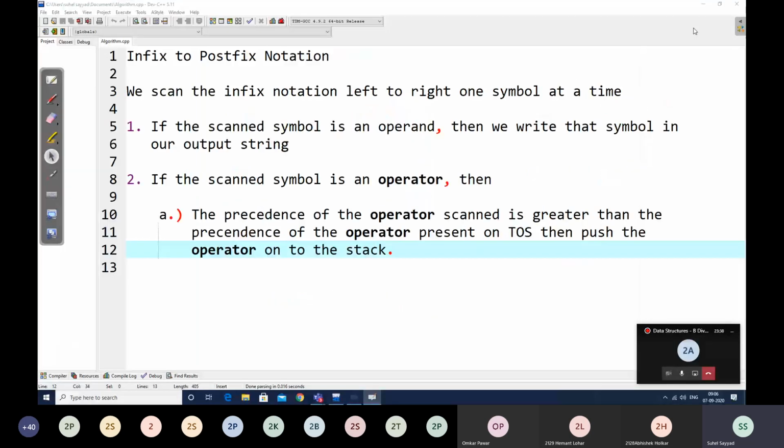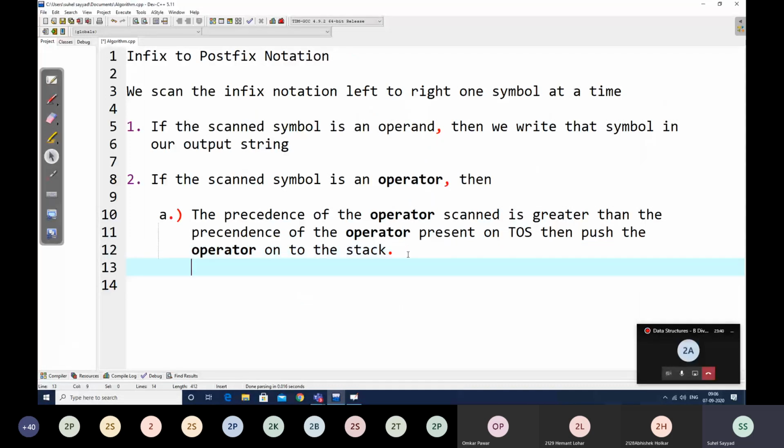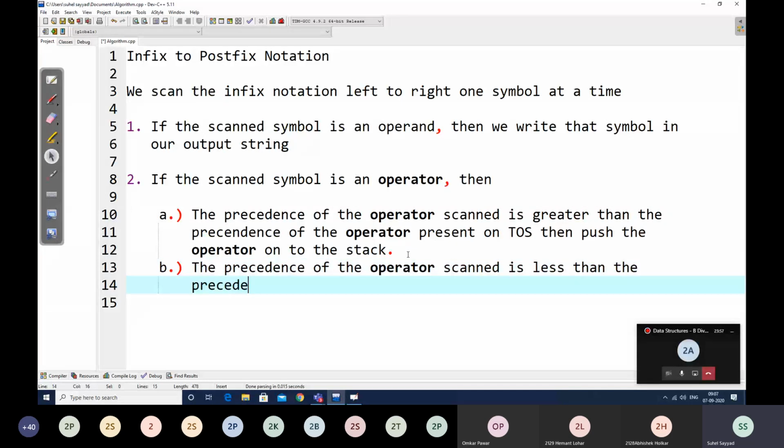Now the second rule is, suppose the precedence of the operator scanned is less than the precedence of the operator present on top of stack. What is the second condition? All of you make note of this also, okay?